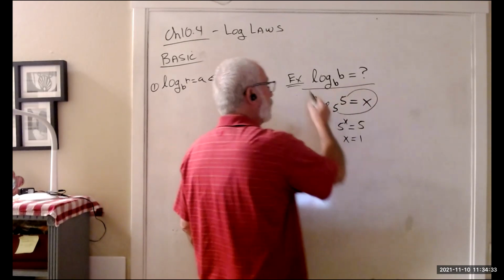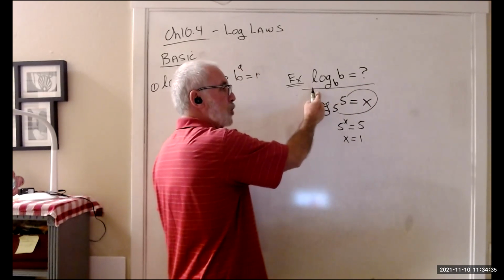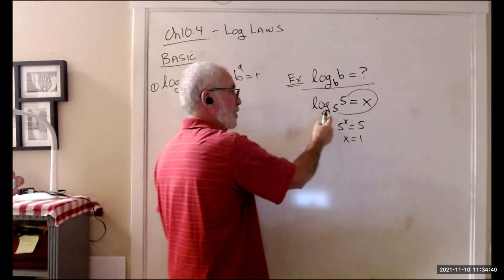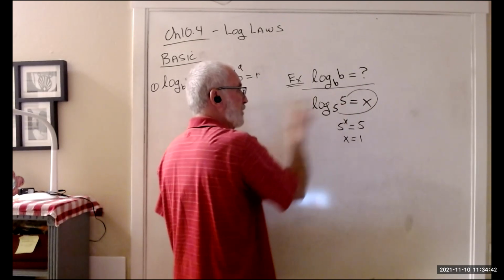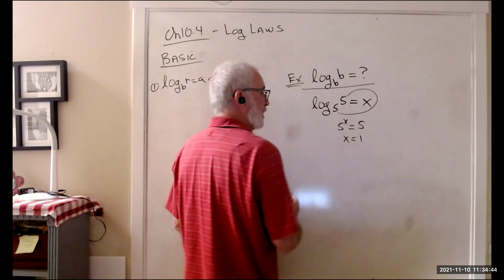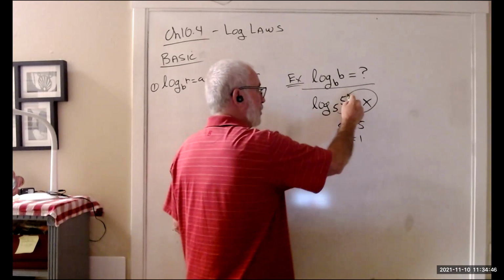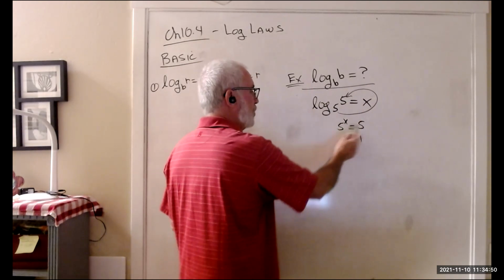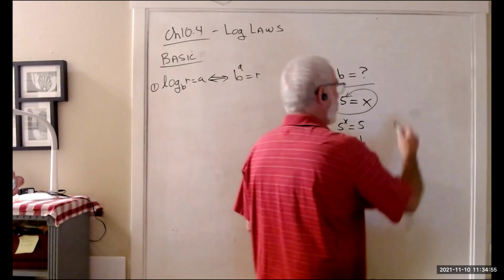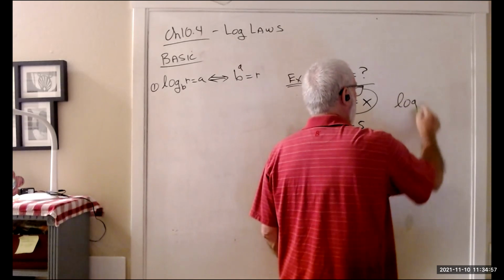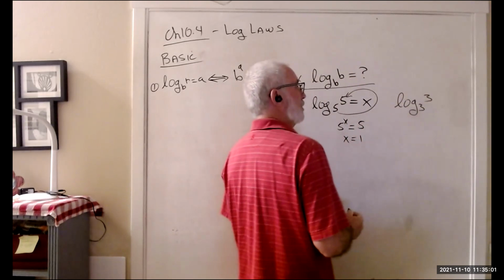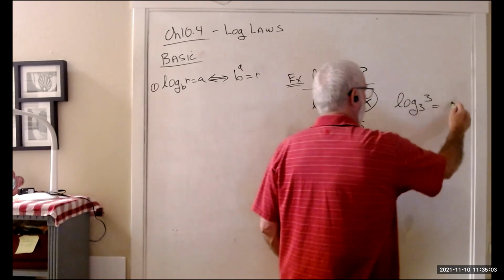So here's the log rule I'm trying to figure out. I made an example: log base 5 of 5 equals something. I applied the Brabar rule, turned it exponential, and the only thing x can be is 1, since 5 to the first power is 5. But wait a minute, what if that's a fluke? What if I had log base 3 of 3? That equals something.